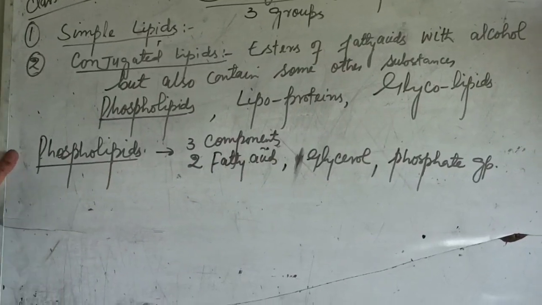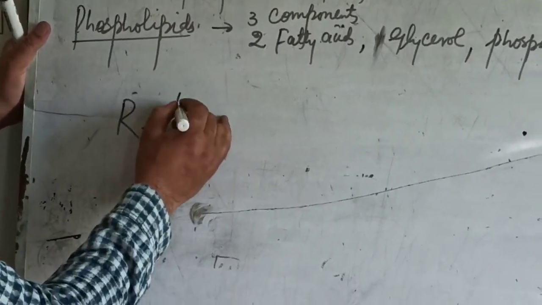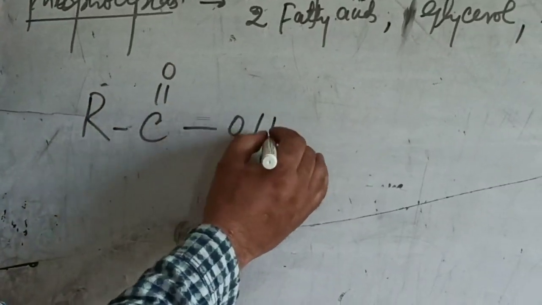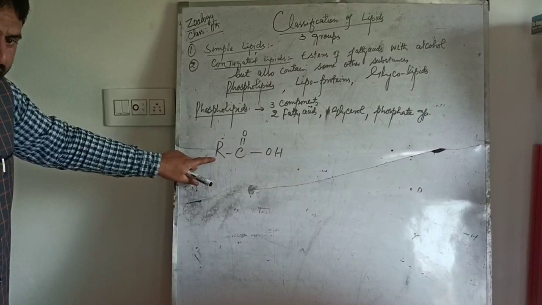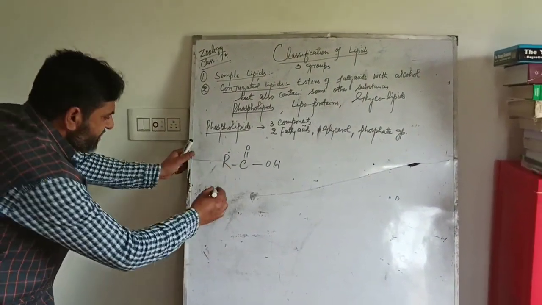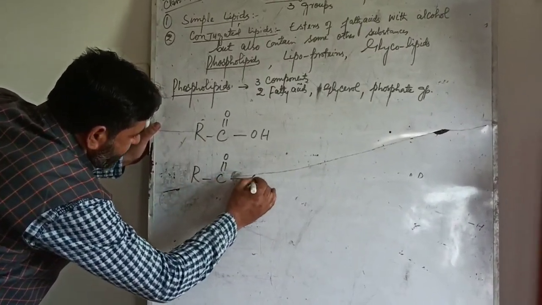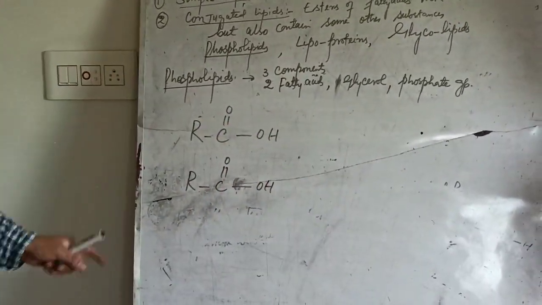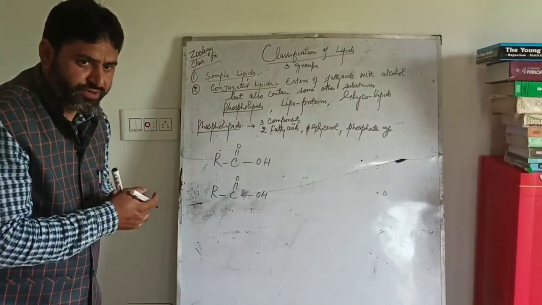Now we will take here the structure. This is RCOOH, one fatty acid. A fatty acid is made up of two components, R, the hydrocarbon chain, and the carboxylic group. Then the second fatty acid, RCOOH. Now the third fatty acid is replaced by a phosphate group.